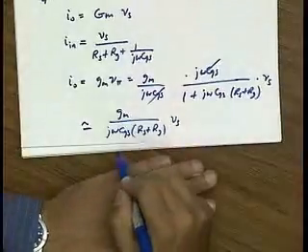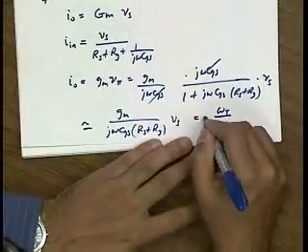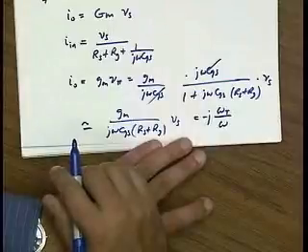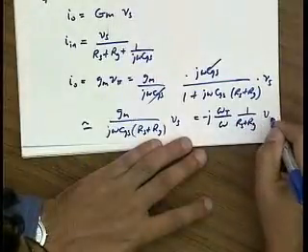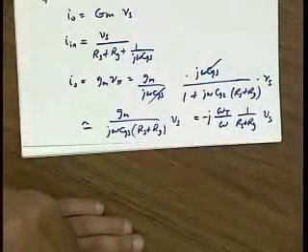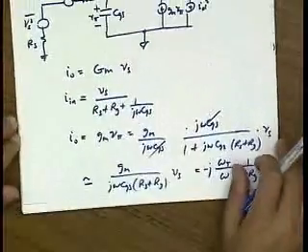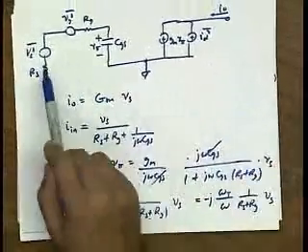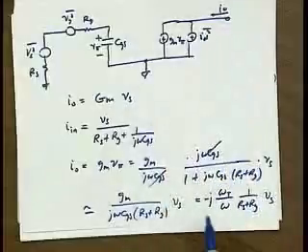And of course you recognize GM over CGS as the omega t of the device. So this is minus j omega t over omega, 1 over Rs plus Rg, times Vs. Okay? So this is the current gain of the device, or the transconductance of the device. Basically a voltage on this side produces a current on this side by capital GM.